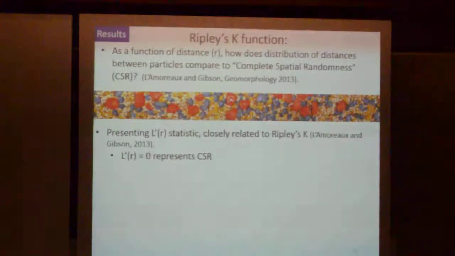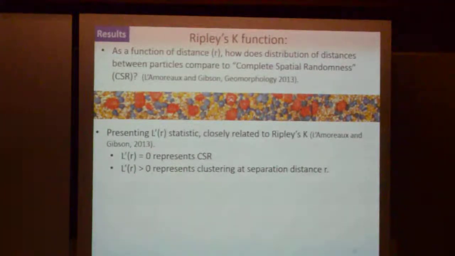As is commonly done, I'm not going to directly present the K function, though Ripley's K is how it's usually initially described. I'm presenting an L prime statistic. The way to interpret this is that an L prime of 0 represents complete spatial randomness. I'll show some plots of this next.